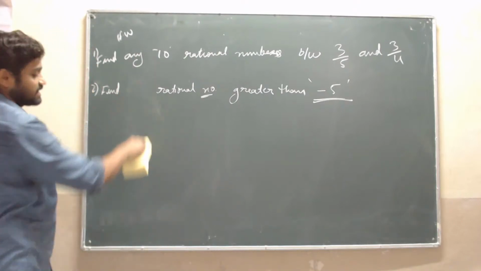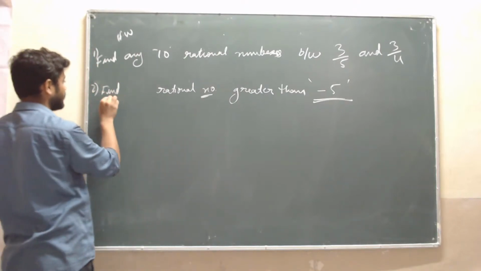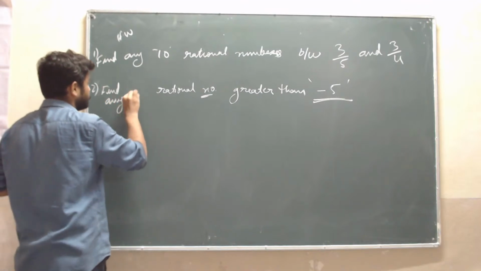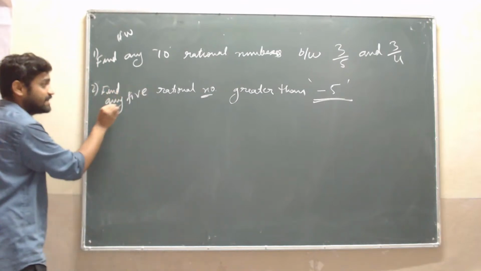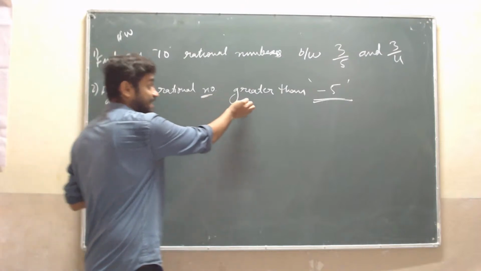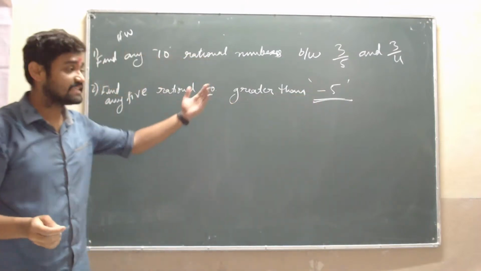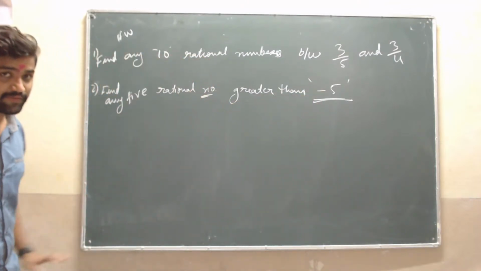Find any 5 rational numbers. Find any 5 rational numbers greater than minus 5. Let us write rational numbers greater than minus 5.